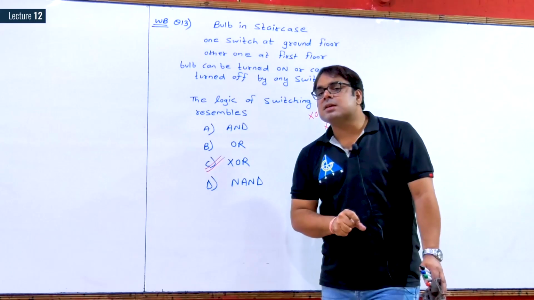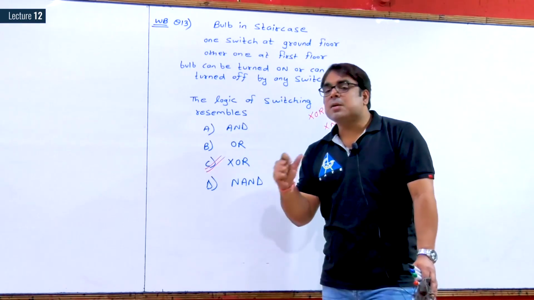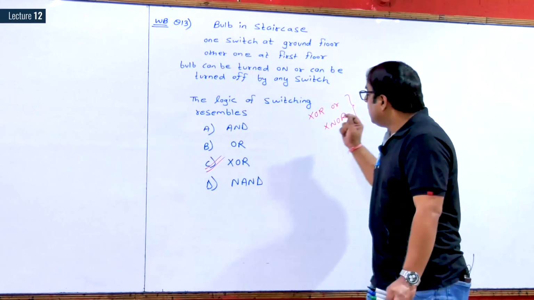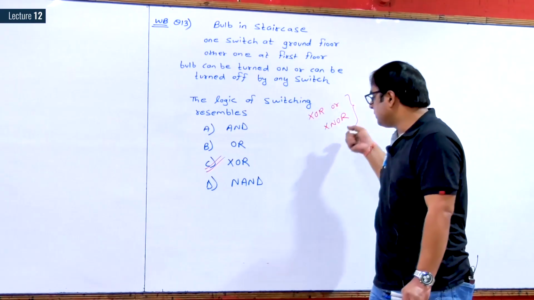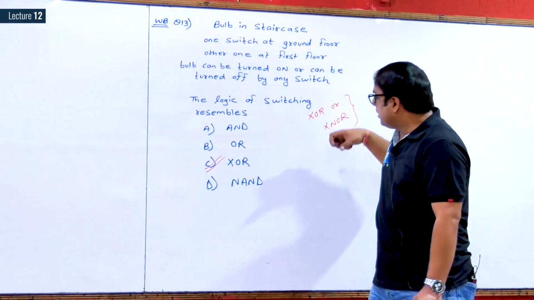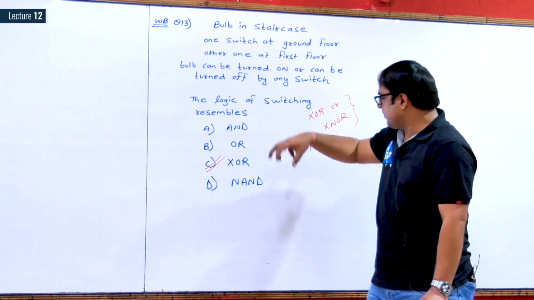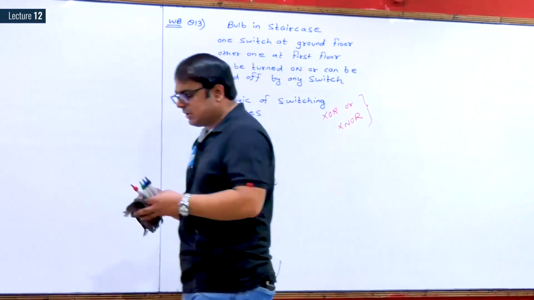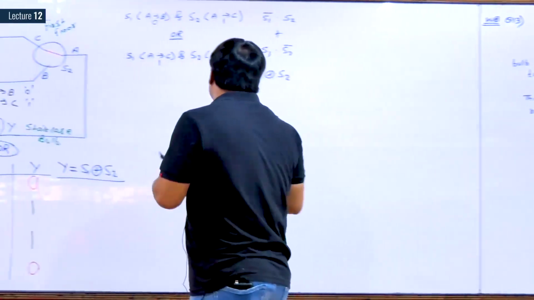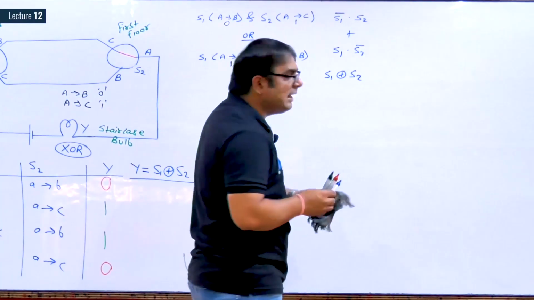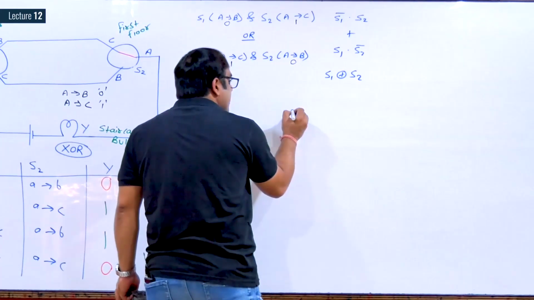In a practical case, what does your electrician actually use, XOR or XNOR? Just keep thinking while I continue the solution. Keep thinking whether your electrician uses XOR logic or XNOR logic.